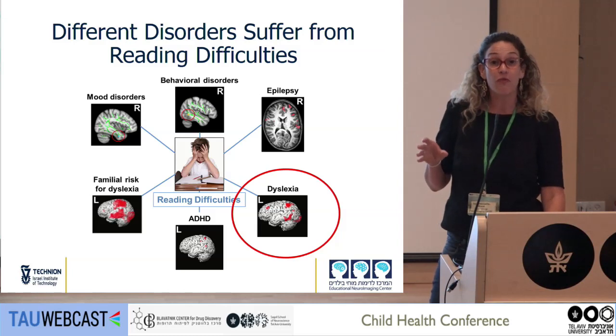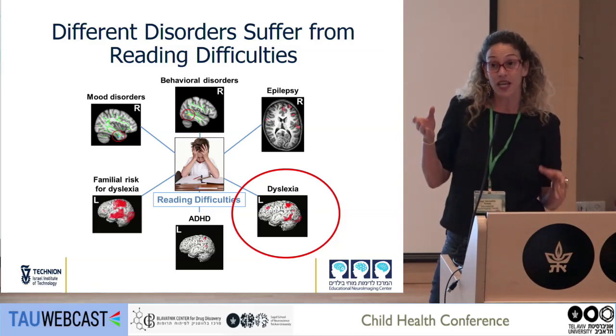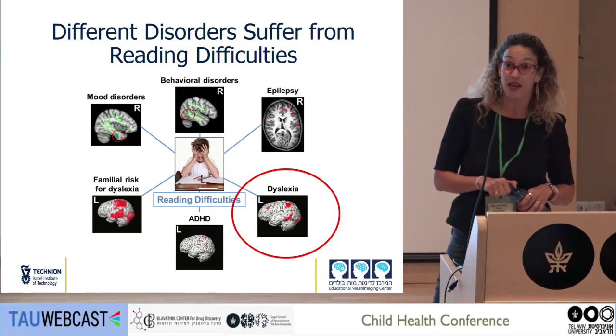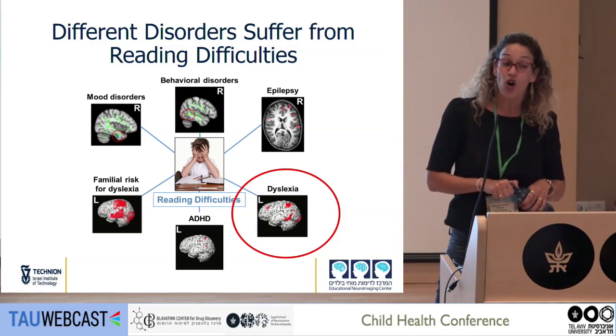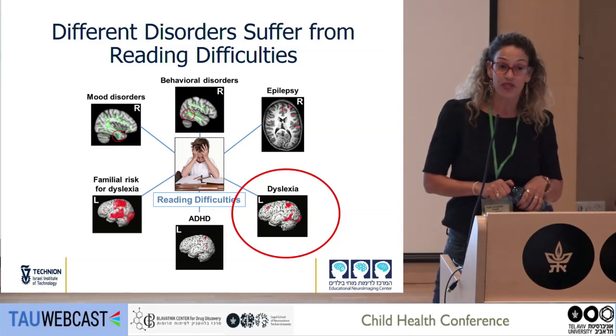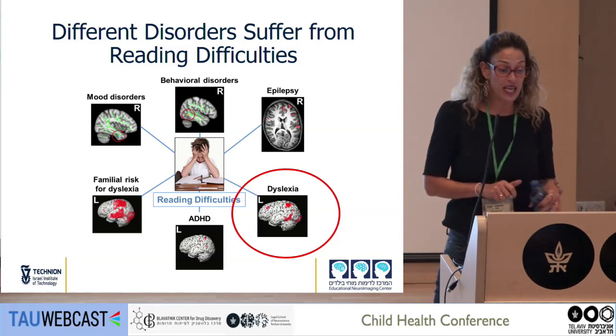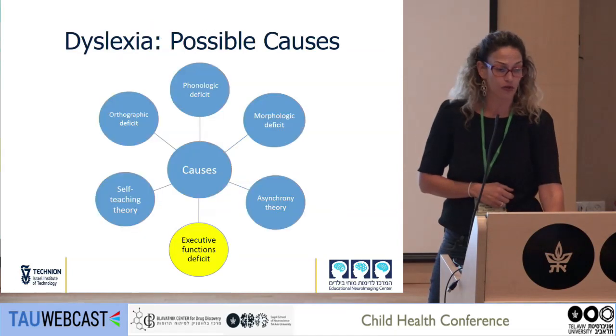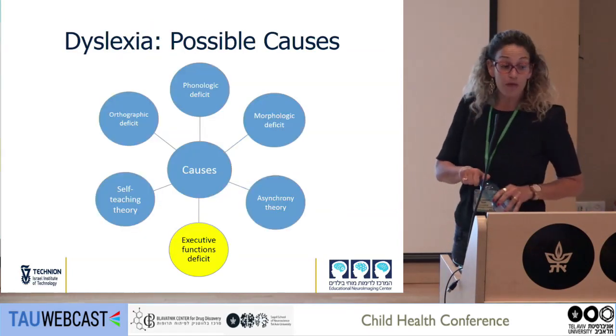No, there are many, many other populations. Today I'm going to talk just about dyslexia, but keep in mind that in the lab here and in my lab in the United States, we work on many disorders, including autism, ADHD, kids with epilepsy, auditory disorders, and so on and so forth. So dyslexia.